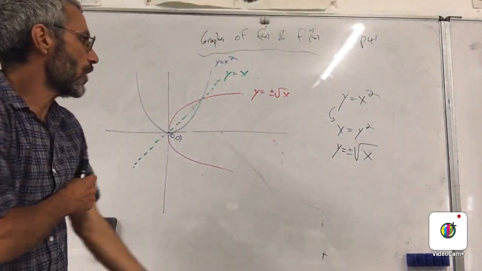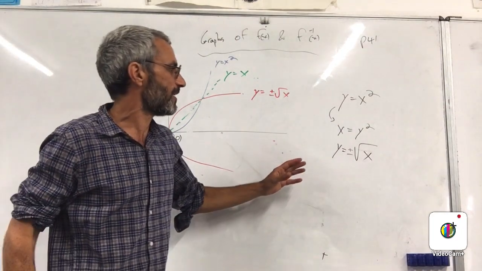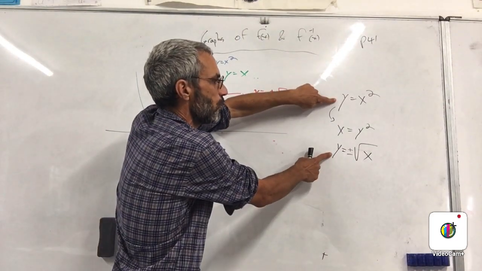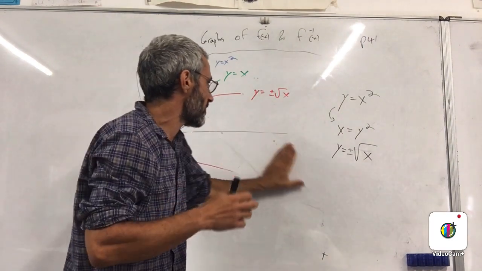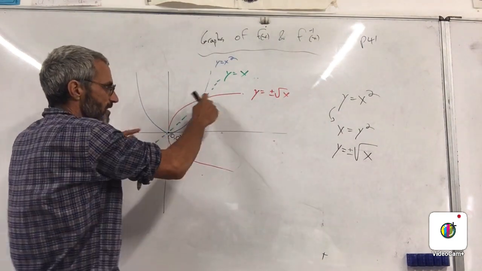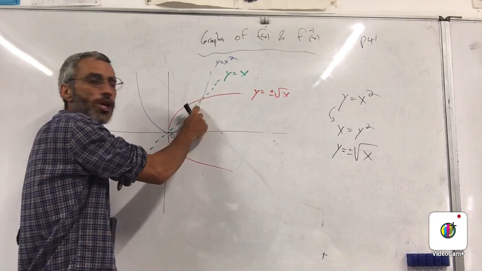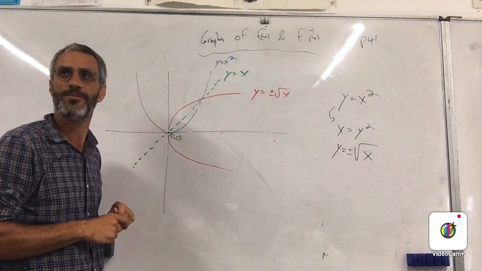Aaron said very correctly, we can just say that these two are equal. You can do it, but let me show you a bit easier way, because we know these graphs intersect not just each other, they also intersect y equals x.